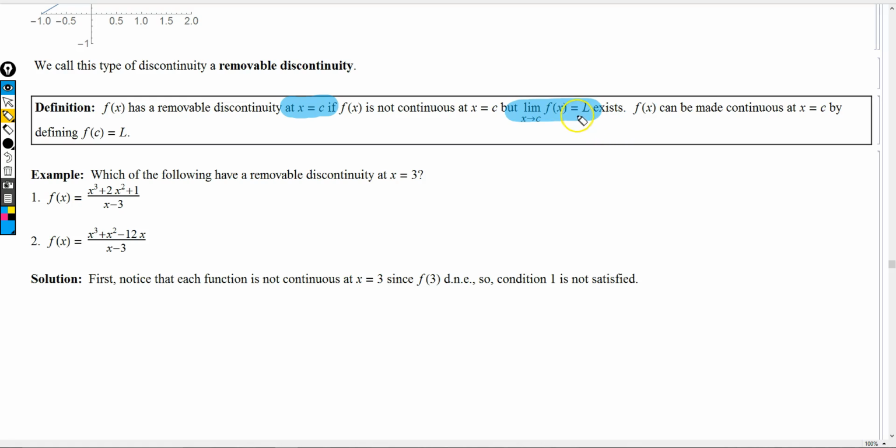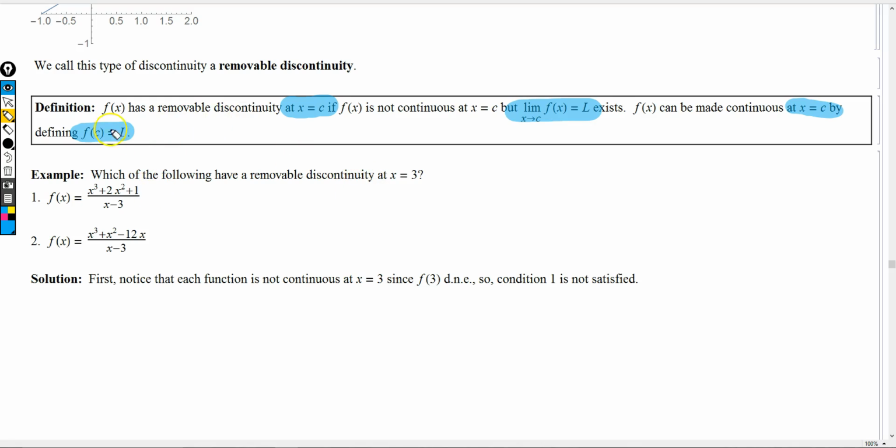So if our limit exists, but the function's not continuous, then we say it has a removable discontinuity, and we note that f of x can be made continuous at x equaling c by redefining f of c to be L, which is what the limit is. Alright, so that's how f of x could be made continuous, and that's exactly what we saw up here.